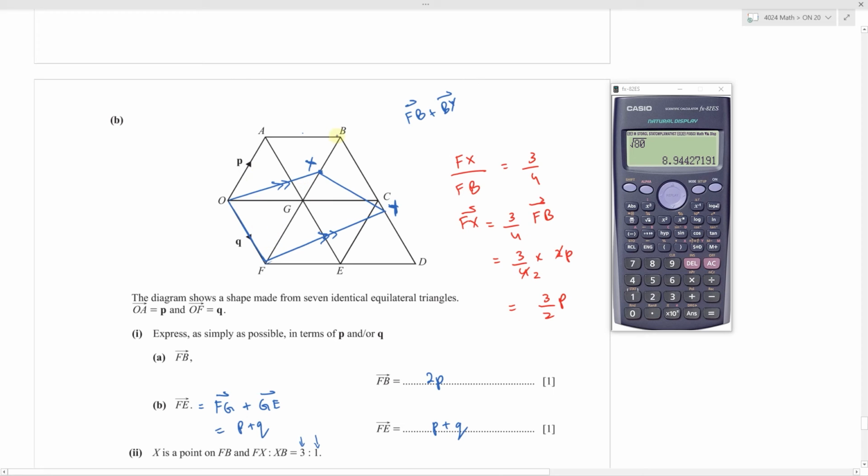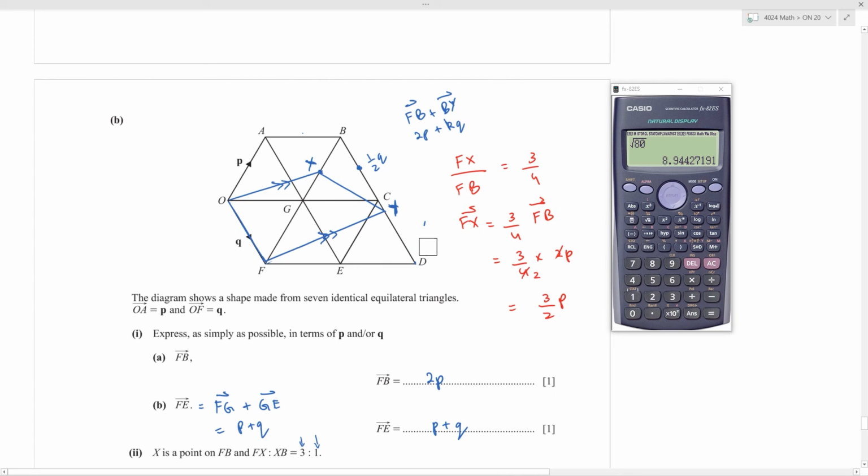P plus P, 2P, so this is 2P, plus this is Q. Since you don't know where exactly Y is, I can write BY as K times Q. If it is right here at point C, it will be 1 times Q. If Y was halfway between B and C, it would have been half Q. If it is somewhere here, it can be 1.5 times Q. If it is right here at D, it will be 2Q.